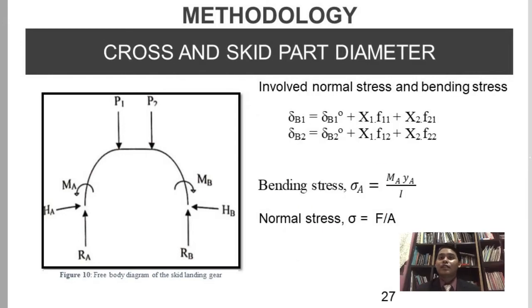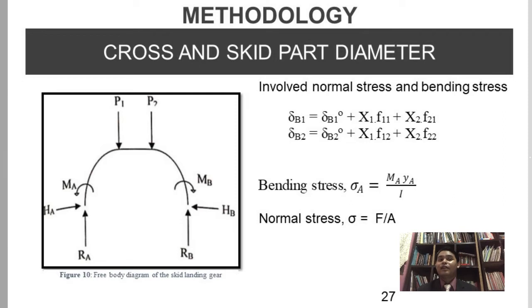For the cross part and the skid part diameter, it involves normal stress and bending stress. As you can see in figure 10, point A and point B are the most critical points because they involve bending moment and normal stress. So to find the stresses at A and B, we need to find MA and RA.